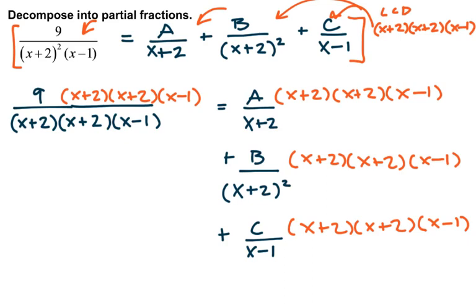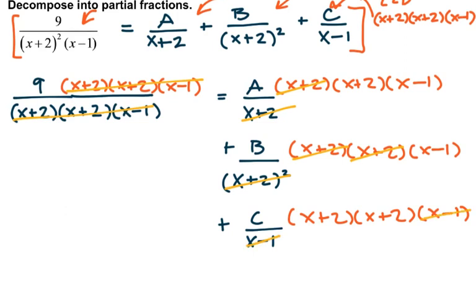And this creates a lot of canceling, which is what we wanted. I'm going to lose all of the denominator in the first term. The second term, I lose 1 x plus 2. In my third term with the b, I'm actually losing both of those x plus 2's. And then on the c, I've lost an x minus 1.